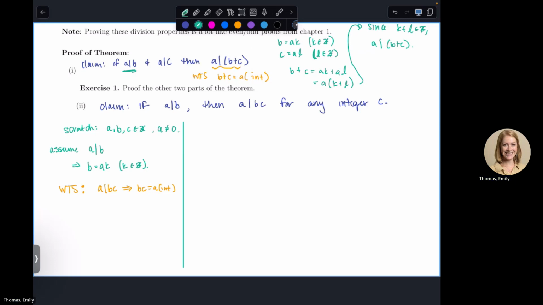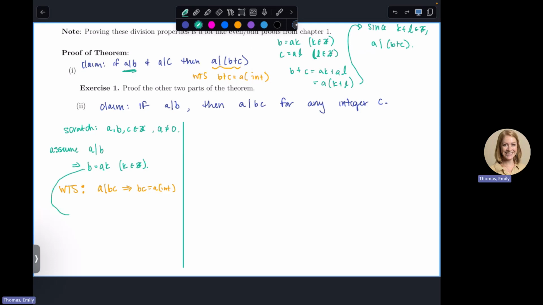What's AL? Oh, I set this up differently. I set C to be A times L. But we don't know that A divides C, so we can't do that. Okay. Right, so this is for any integer C, not just for an integer C that A divides into.